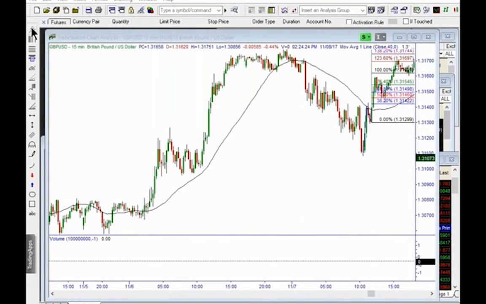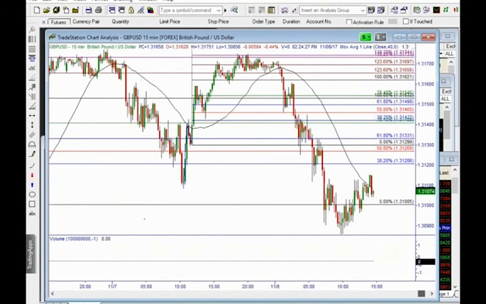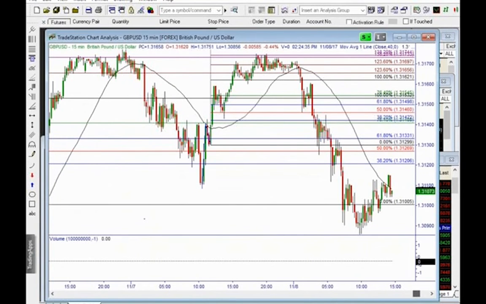Let me clear this. Even when you go back and look at previous moves and how those support and resistance levels hold over time, you're still going to see that they often lead to these stalls at these different support levels. Now, where you have levels overlapping, that means it is an added level of strength.